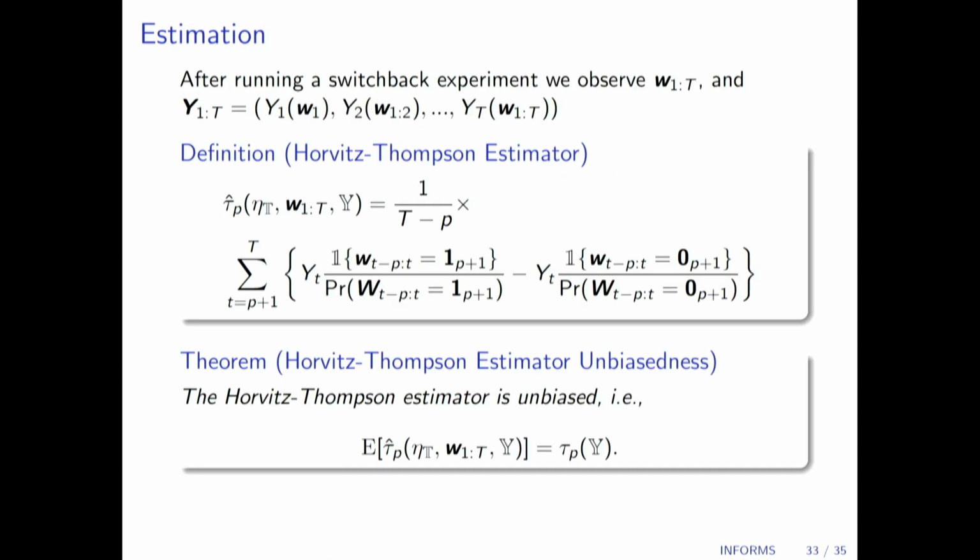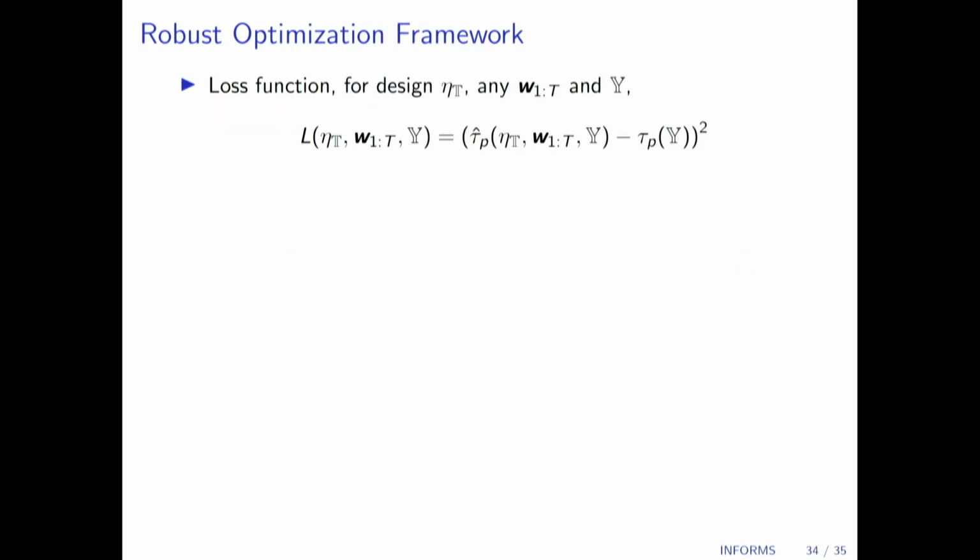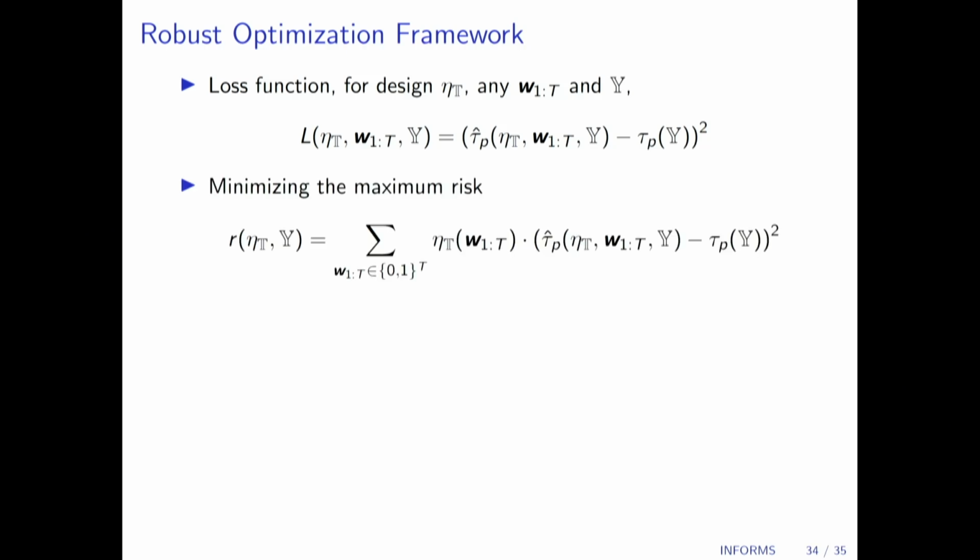So overall, we know that the IPW estimator is unbiased, so we only focus on the variance. And again, we apply this minimax optimization framework. We choose the loss function to be the square loss, and we choose to minimize the maximum risk as defined as follows. Because the estimator is unbiased, this minimax risk has an interpretation of the minimax variance, because the mean square error is equal to variance when the bias is equal to 0.